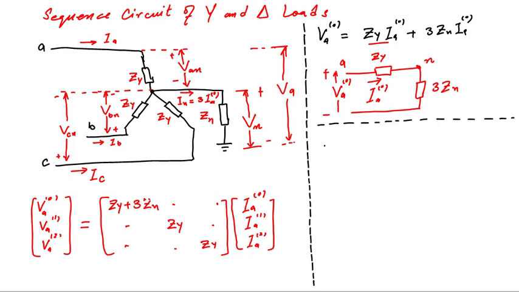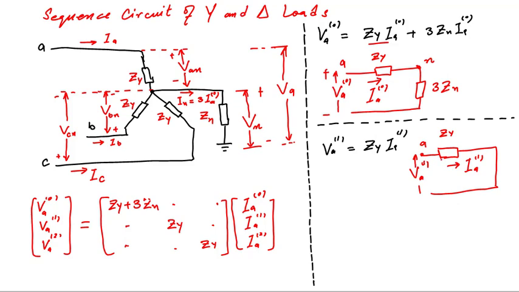Similarly, for positive sequence, VA positive sequence is equal to ZY IA positive sequence. So if I draw its circuit, that will be a circuit in which the impedance is ZY. A current IA positive sequence will cause a voltage VA positive sequence across that impedance ZY. So this circuit is known as the positive sequence equivalent circuit of the Y connected load.